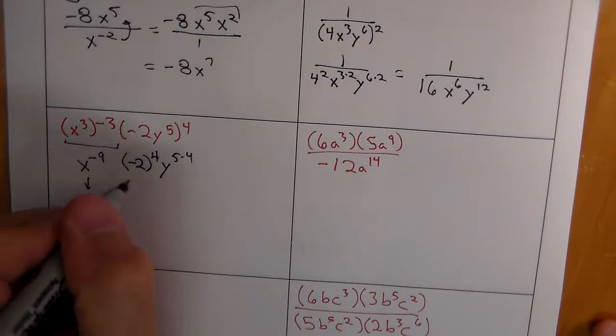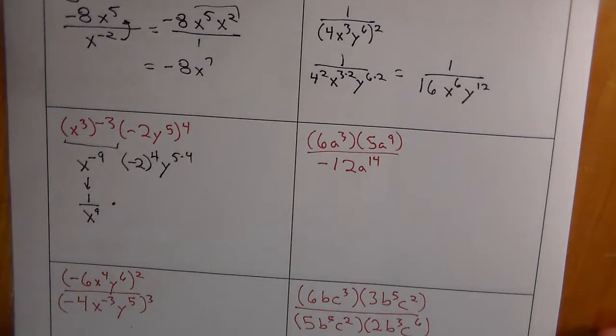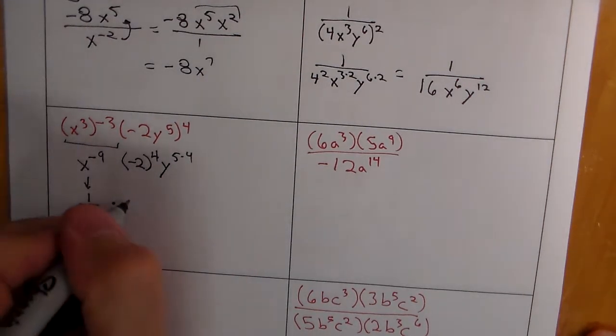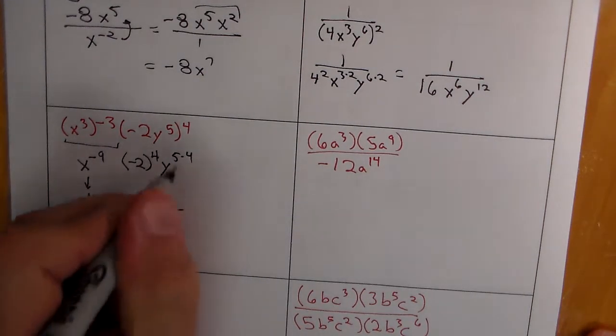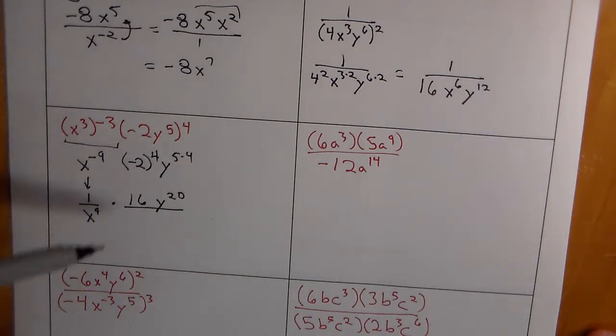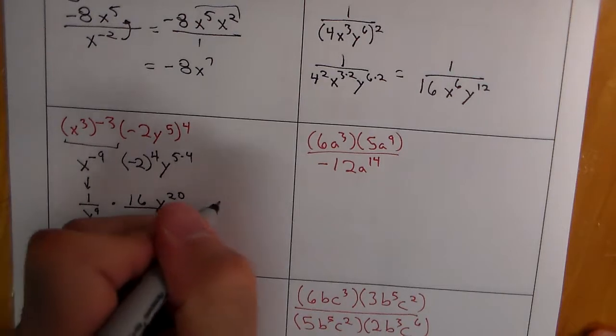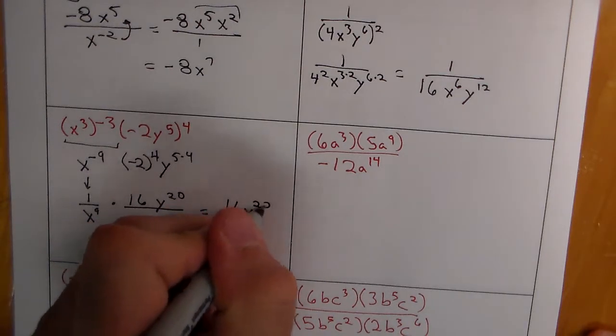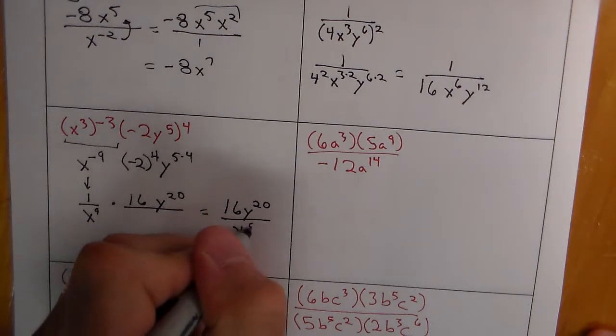So we have negative 2 to the 4th is going to be a positive solution because it's negative 2 times negative 2 times negative 2 times negative 2, so that's 16, y to the 20th. So I've taken care of my first term, my second term, I put them together, and my answer is 16y to the 20th over x to the 9th.